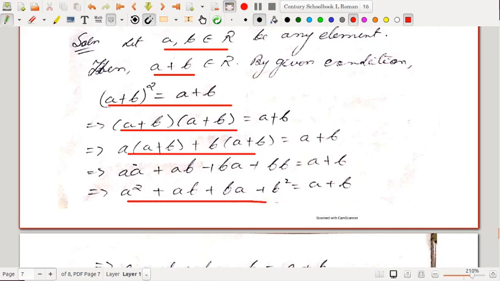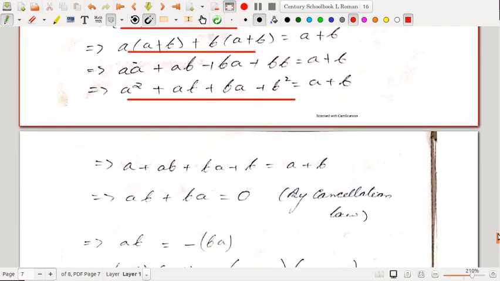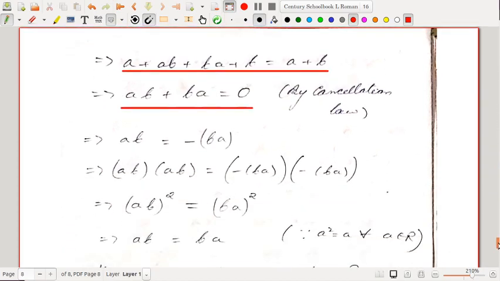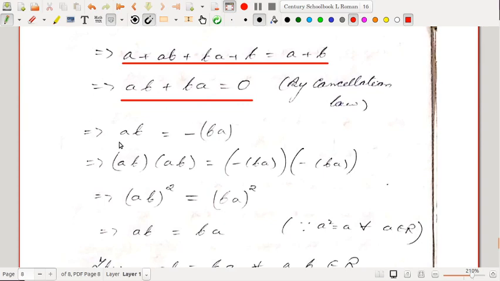We will get a square plus ab plus ba plus b square equal to a plus b. But a square can be replaced by a, and b square can be replaced by b. So we have a plus ab plus ba plus b equal to a plus b. Then we can apply the cancellation law. a and b will get cancelled from both sides. You will be left with ab plus ba equal to 0. But what do I need? I need ab equal to ba. Till now I have got ab equal to minus ba. So that is not working.